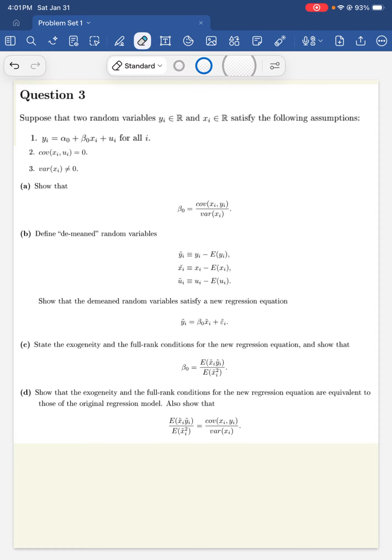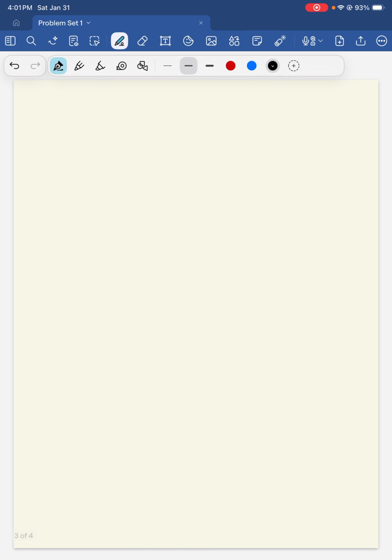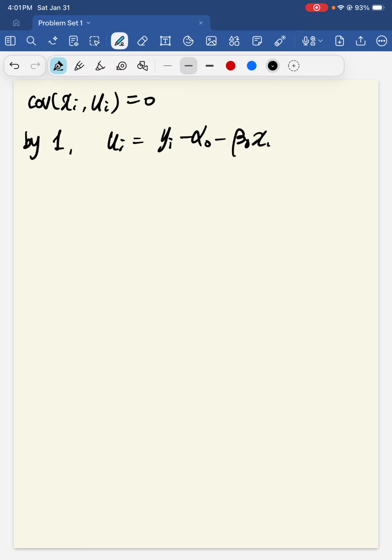Let me do that again, repeat that. So the covariance of x and ui is 0. This is the starting point, right? And then we know by the linearity assumption ui is yi minus alpha 0 minus beta 0 xi.